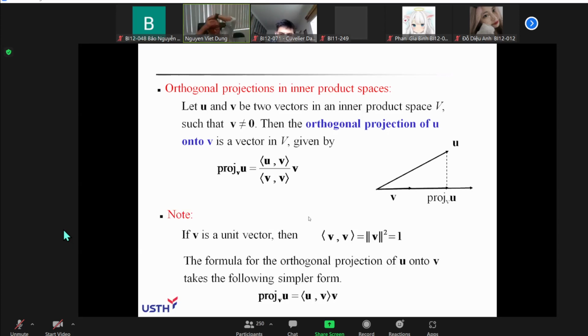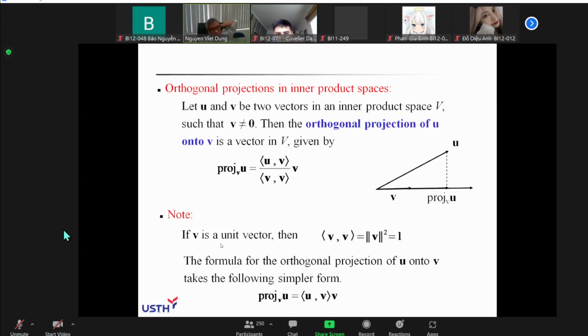And I summarize. We accept the formula like that, but I consider the special case when V is a unit vector already.